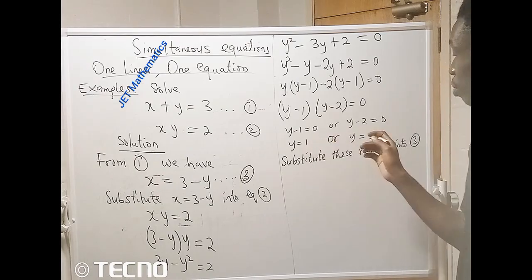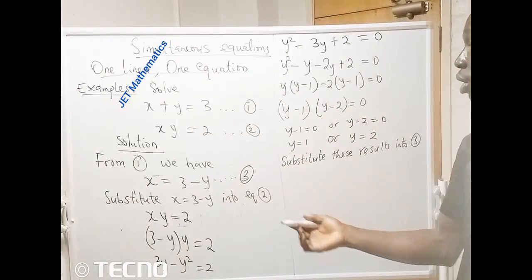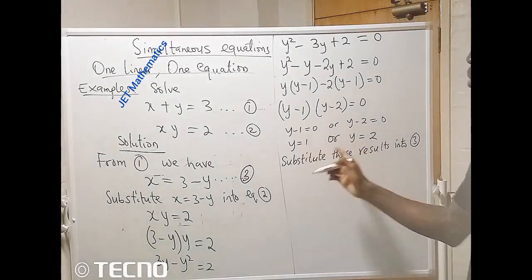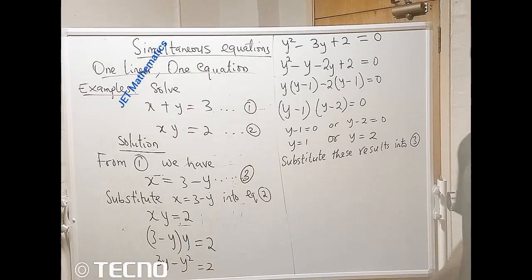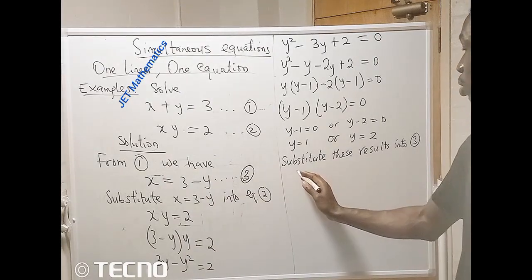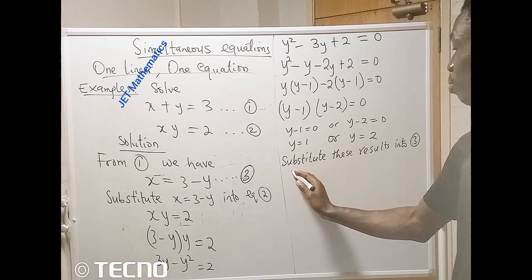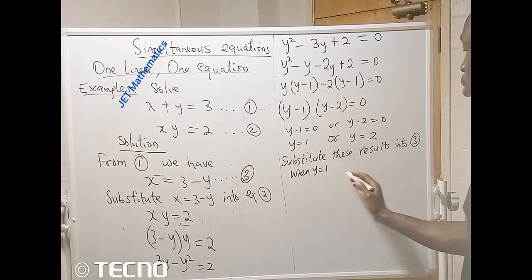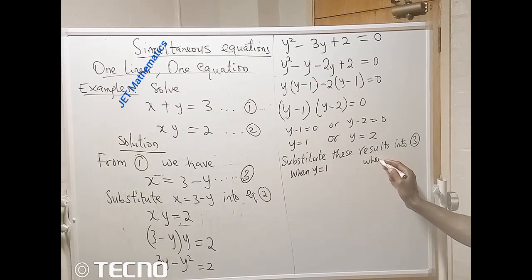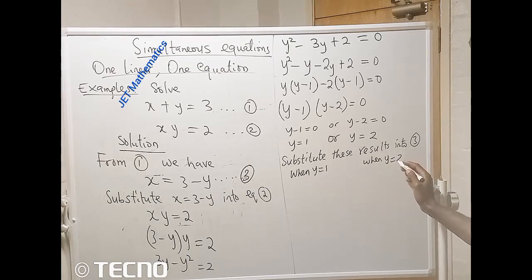We've gotten values for y, we need to get values for x. It will be easy for us to substitute these values into this equation, and then we'll get our values for x. So we have when y is equals to 1 and when y is equals to 2.